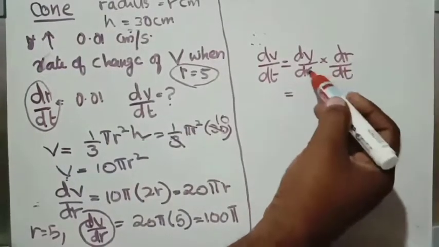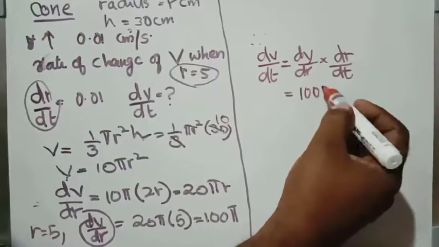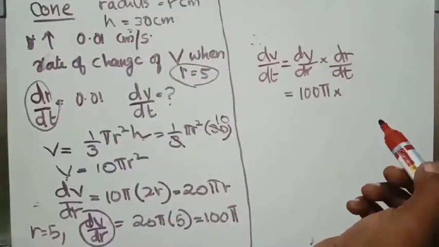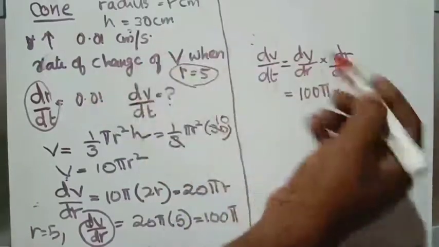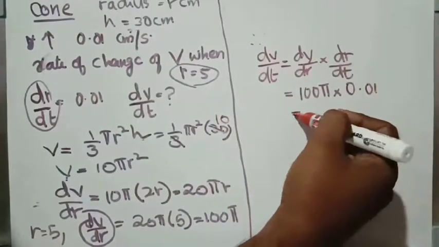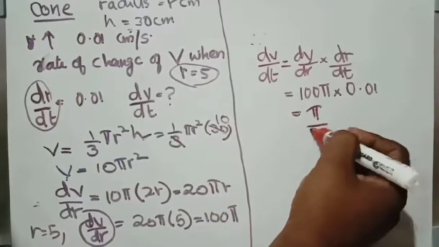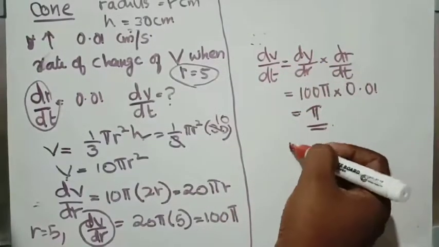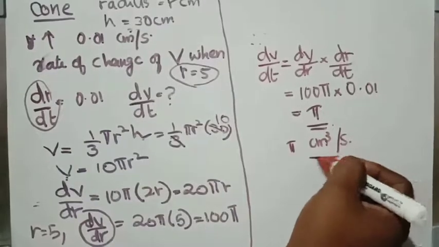That is equal to 100 pi multiplied by dr by dt. dr by dt is 0.01. So multiply it, we get the answer as pi. So rate of change of V is pi cubic centimeter per second. That's the answer.